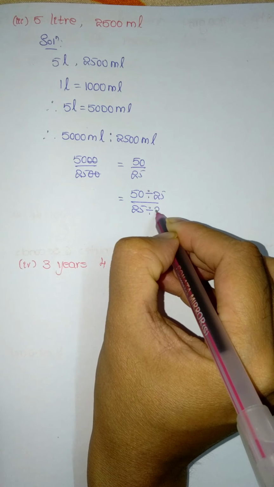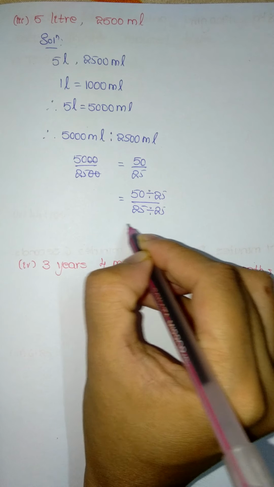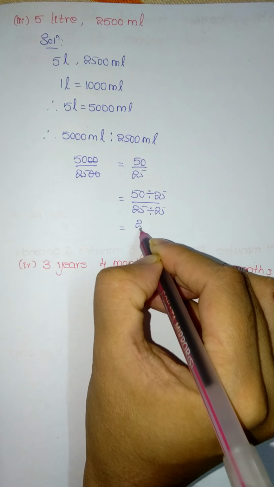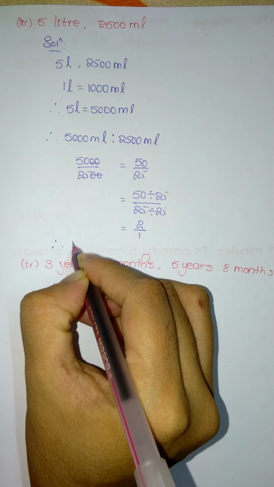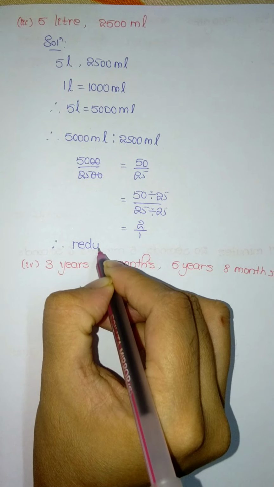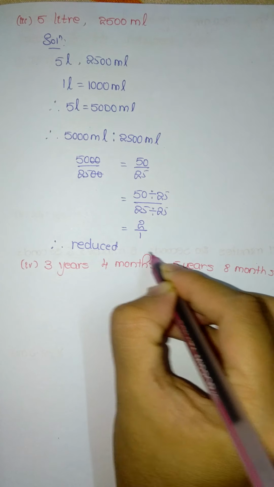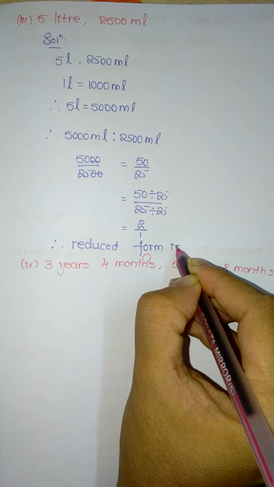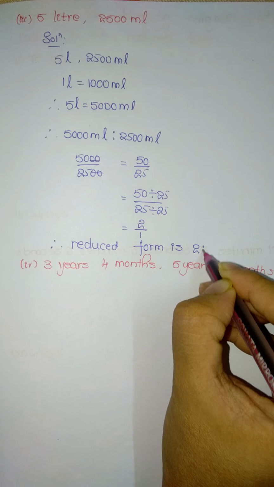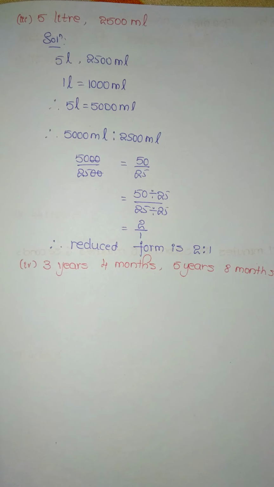So 25 2s are 50 and 25 ones are 25. So therefore we can write the reduced form is 2 raised to 1. So it completes our question number 3.